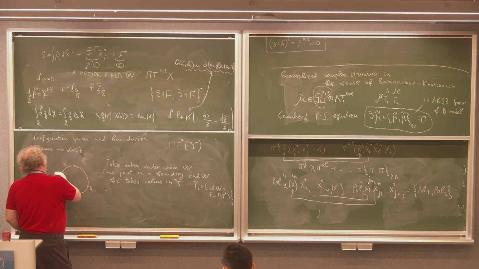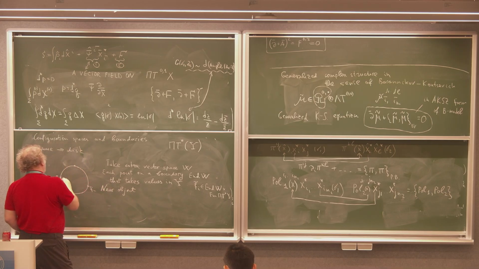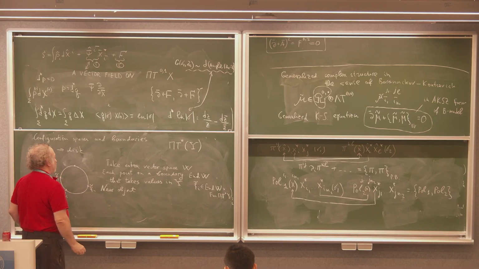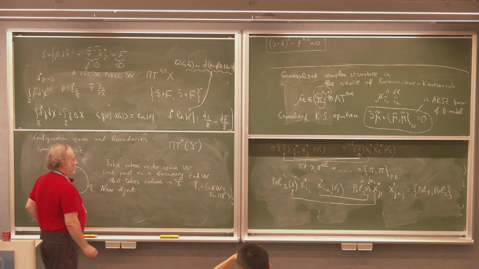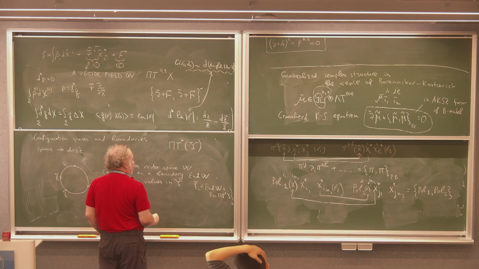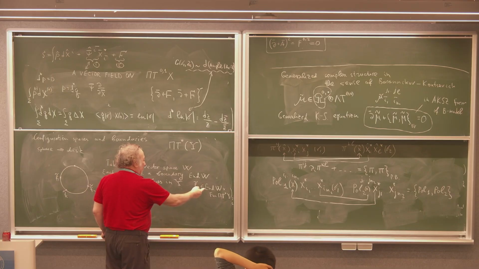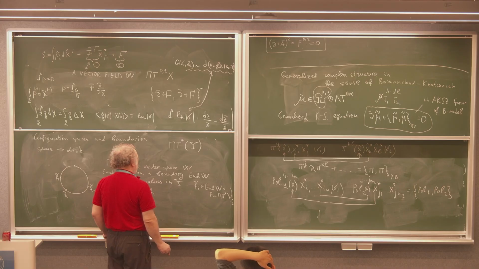And I will define a new object in the following way. Each Fi could be decomposed into a basis of endomorphisms of W that I will call EL.